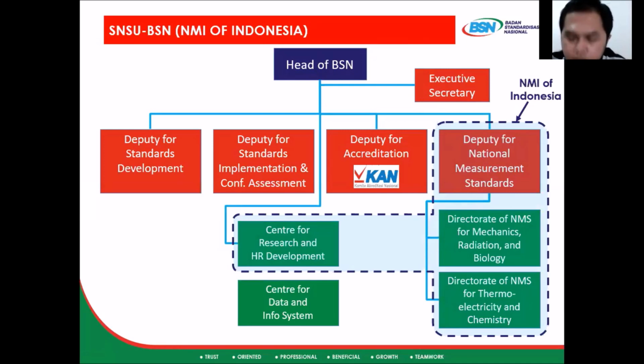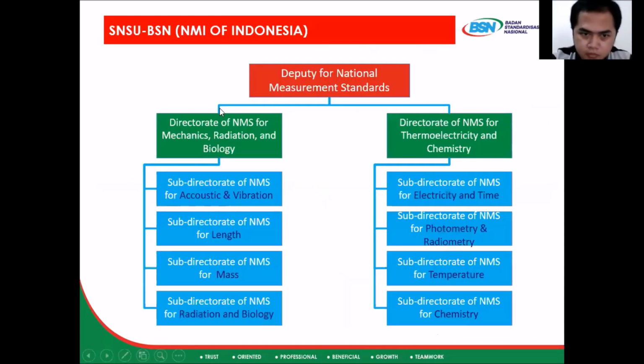There's a directorate of NMS for mechanics, radiation, and biology, and the other is the directorate of NMS for thermal, electricity, and chemistry. And there are our subdirectorates. Each of them consists of the national laboratory that owns the national primary standard for its subject field.